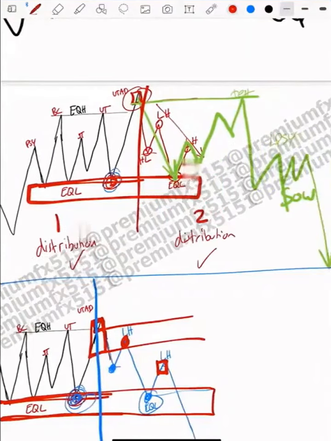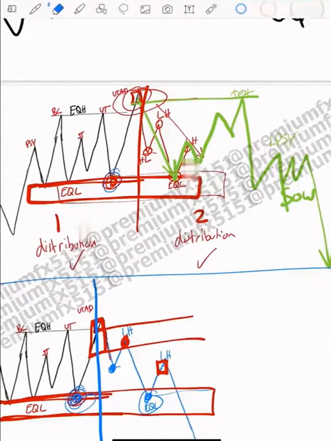It will not really give you a real reason to doubt it, apart from the complex pullback stuff which I was covering. But in general, when you zoom out and look at it, you will simply have your point of interest, UTAD or FU candle, depending on what place you're looking at it from, with your AR as the base of your range from a schematic perspective, or from a smart money perspective, equal lows which are respected, becoming a liquidity target. Everything makes sense for the sell.